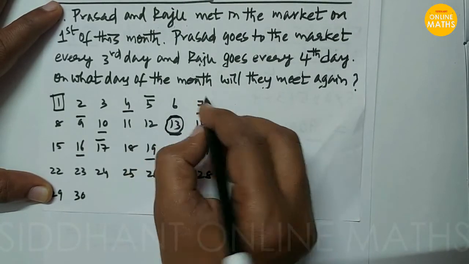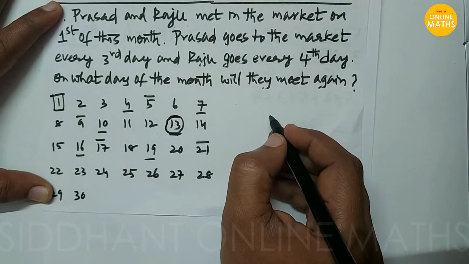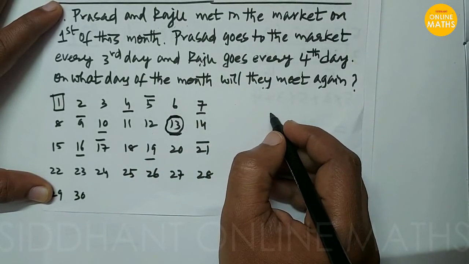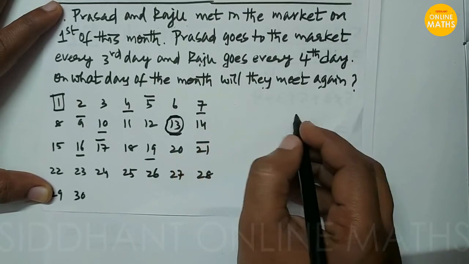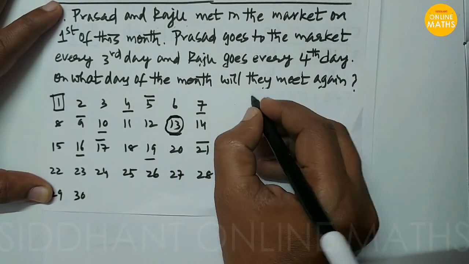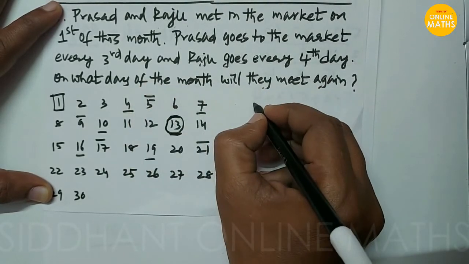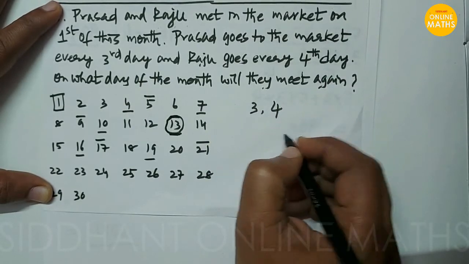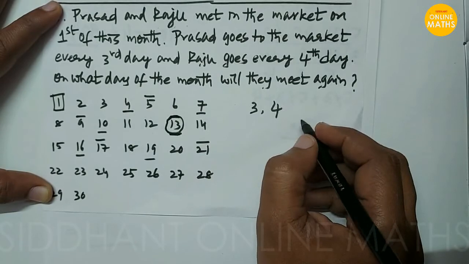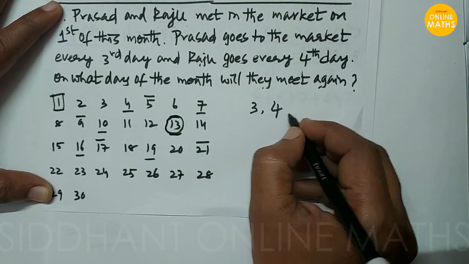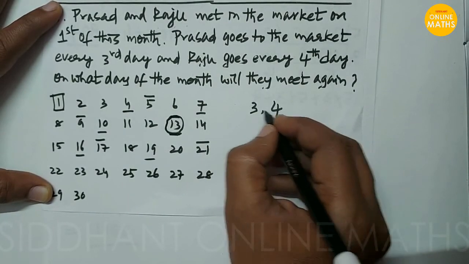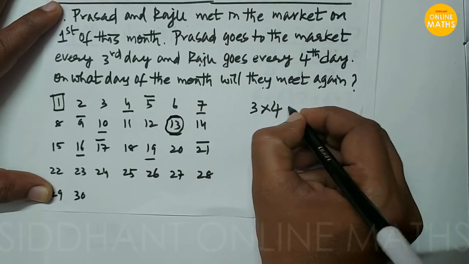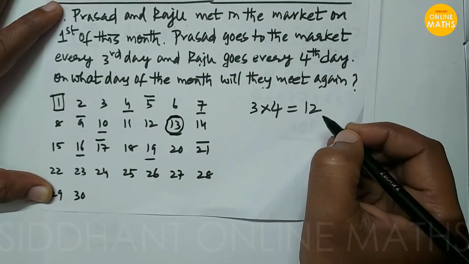So now we are going to see a logical way. That means by the LCM method we are going to find out the answer. On every third and fourth day, that means the numbers given are 3 and 4, and we are going to find out the LCM for 3 and 4. There is no common factor here, so we just multiply 3 and 4, we get 12.